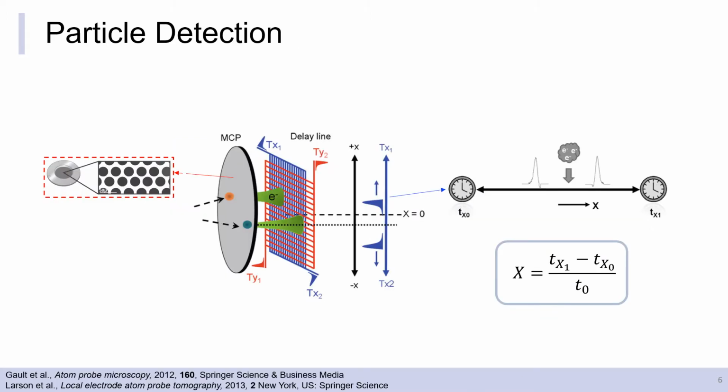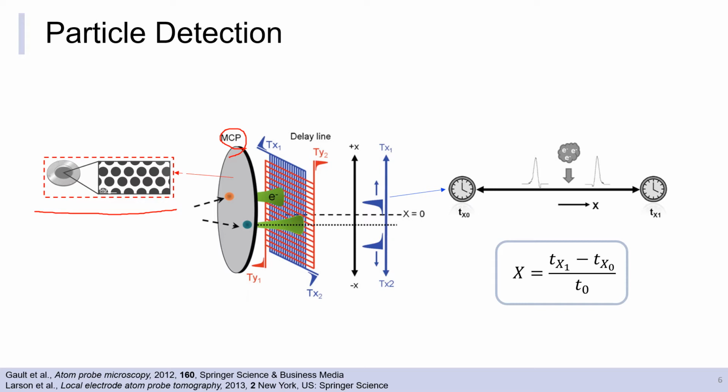In the operation of delay line detectors, an electron cascade is produced by the impact of an ion on a microchannel plate (MCP) stack. Specifically, the MCP assembly is an array of microchannels. Each of them is an electron multiplier tube. When ions enter the microchannels, they hit the wall, resulting in a cascade of electrons.